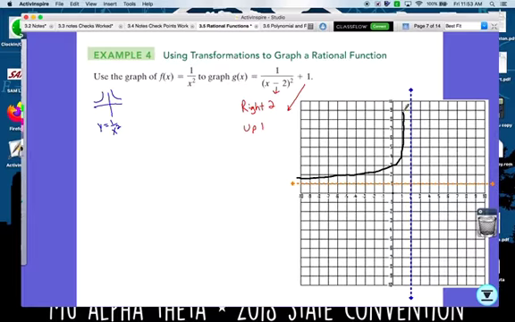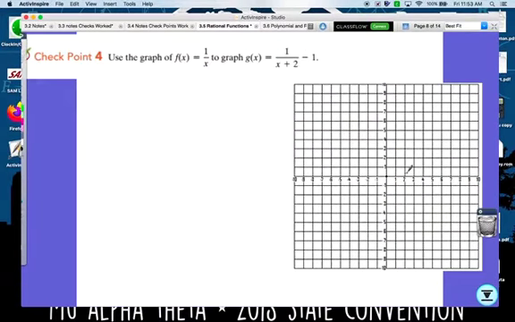So it's going to look like this, and then come over here, come from the top, and it's going to look like that. It would actually be more symmetrical than what I drew. But it looks almost exactly like the 1 over x squared function. The only difference is it's been shifted right and up slightly. So you can pause it and see if you can figure this one out.